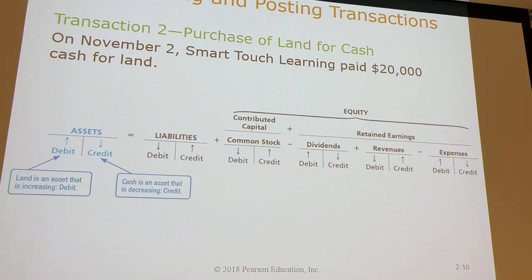Okay, second journal entry, purchase of land. They paid $20,000 cash for land. So we know that land is an asset account, so that's going to go up with a debit. We know cash is an asset account, and that's going to go down with a credit.